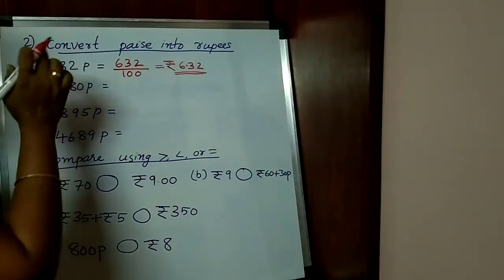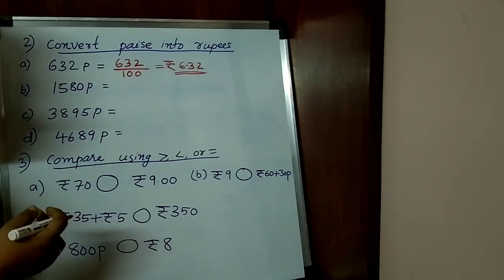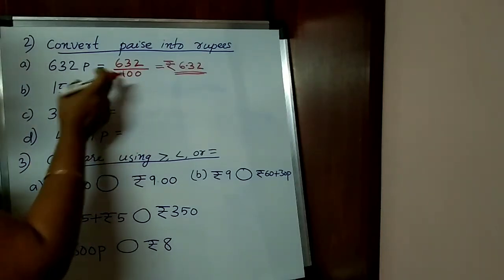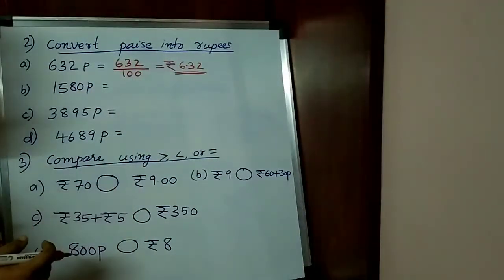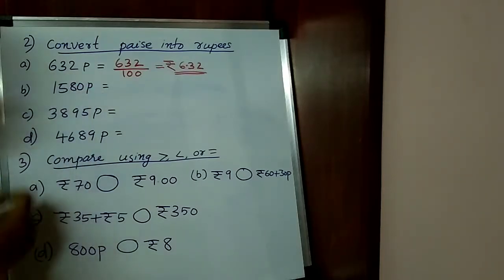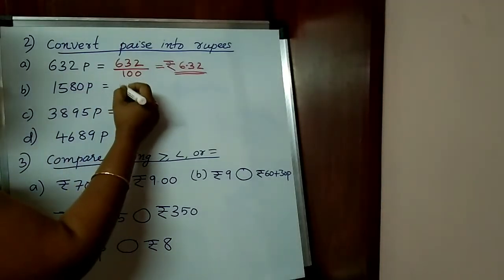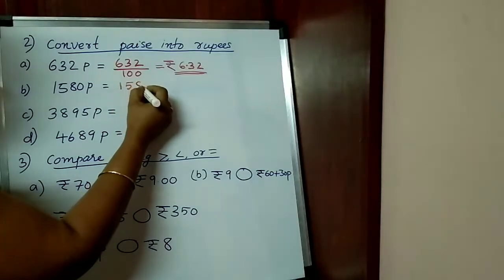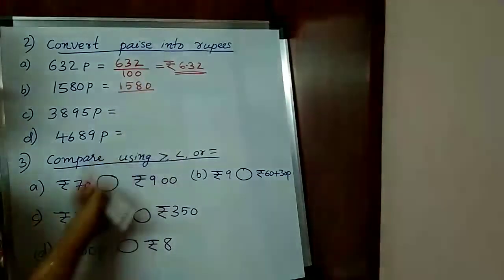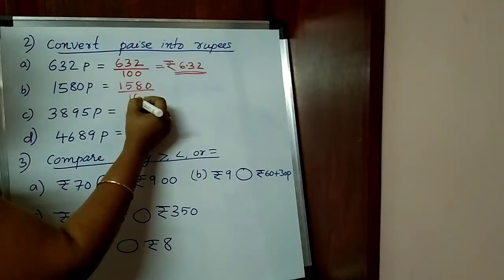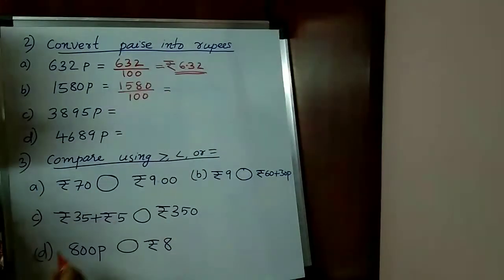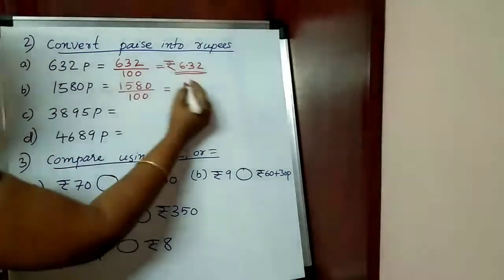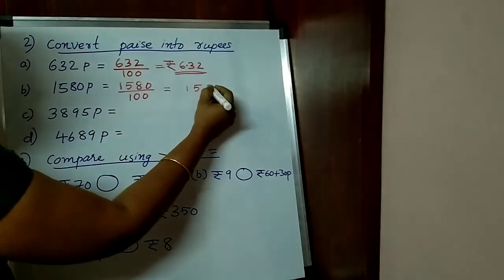What if you understand? You divide paise by which number? 100. Division by 100 using decimals. Okay. Then your next question is 1580 paise. Here also you divide by which number? Yes, divided by 100. What is the rule? When we divide one number by 100, you just write the numerator first, 1580.